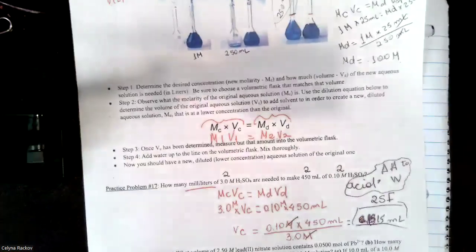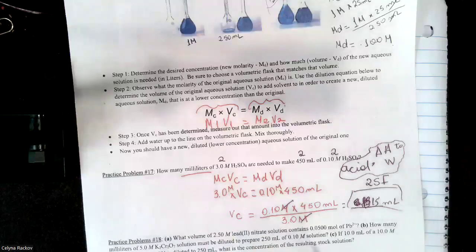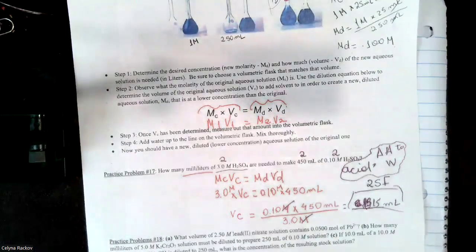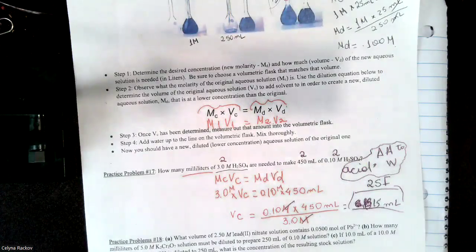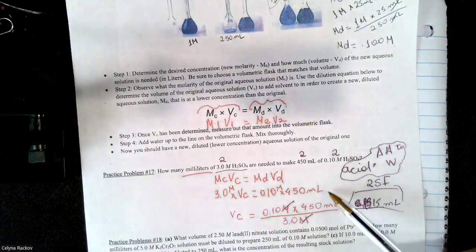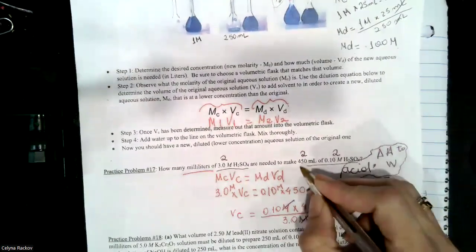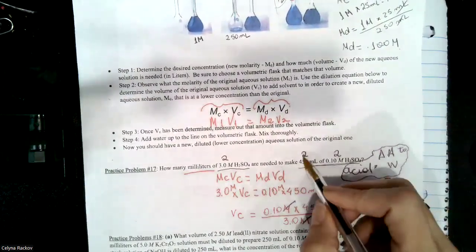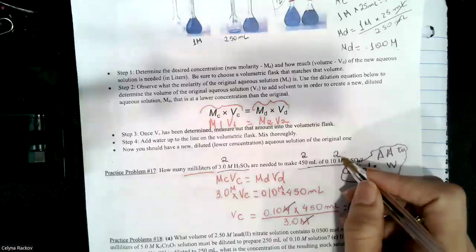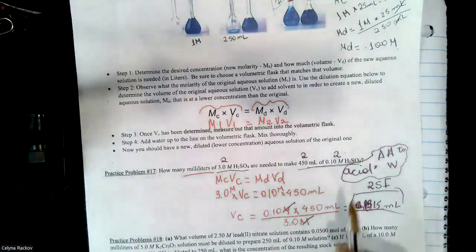Here is another example. How many milliliters of 3 molar sulfuric acid are needed to make 450 milliliters, the final volume, of 0.10 molar sulfuric acid? So the final concentration and final volume are the diluted ones.